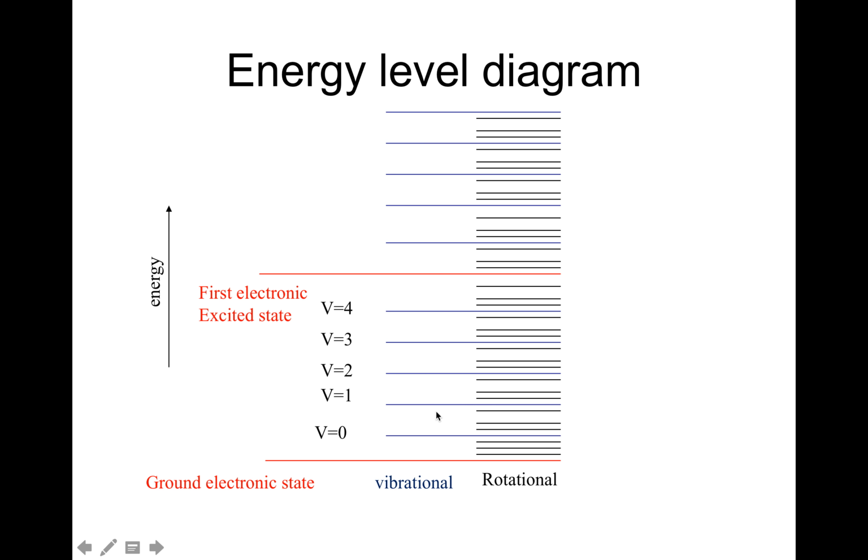Then the red lines, which are very far apart, represent the electronic energy levels, with the one at the bottom representing the ground electronic state, and that one representing the first electronic excited state. As we can see, the diagram represents the magnitude of the energies and their differences.